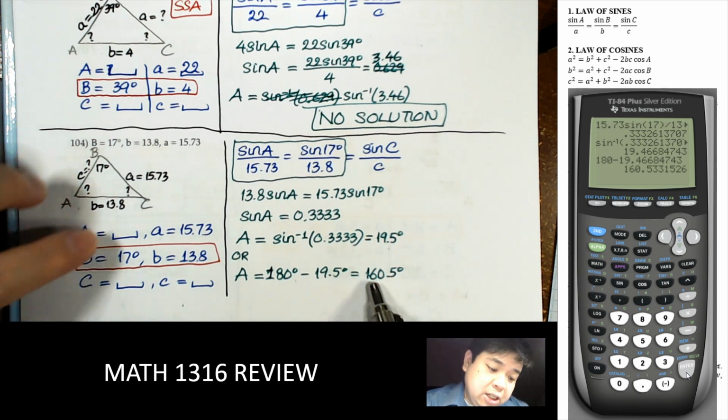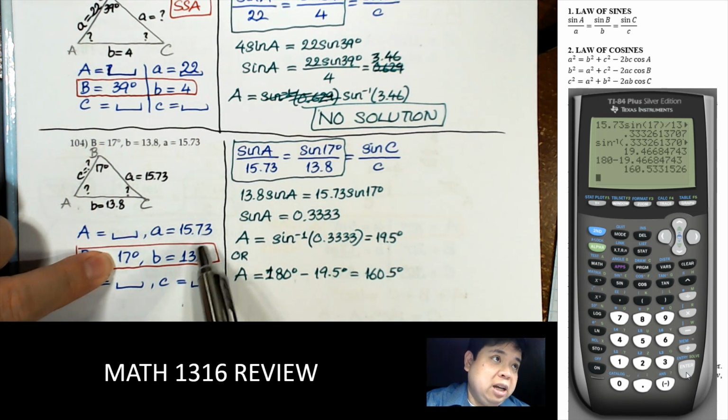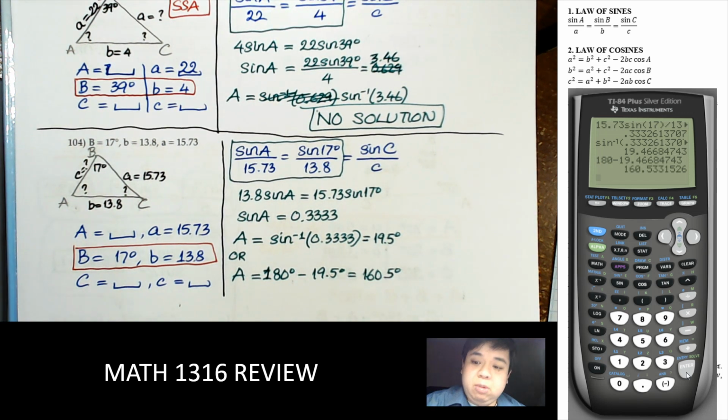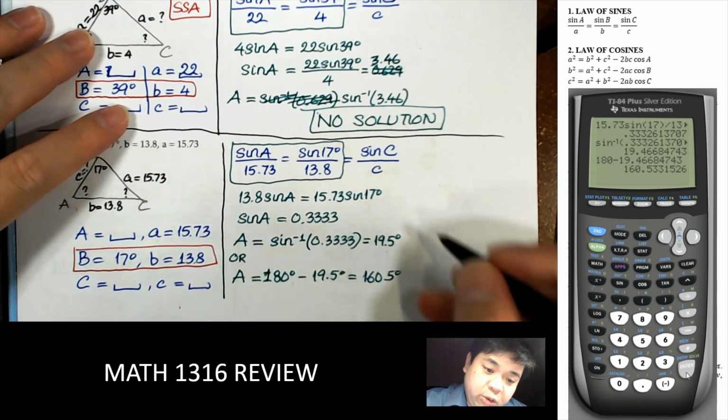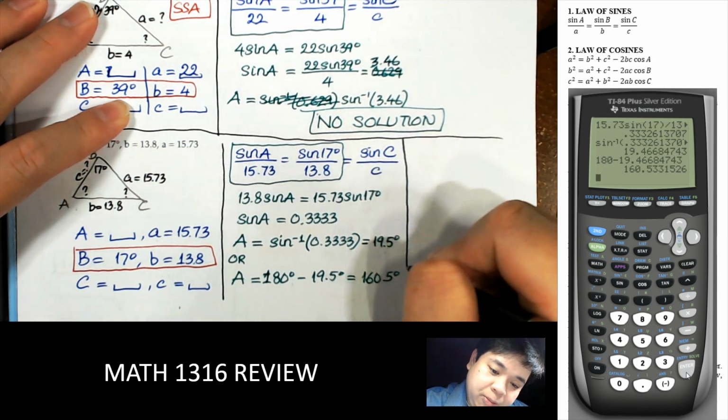Remember, this is also bigger than B and the side a bigger than b, so both of these should work. At the end we put everything in and then we determine if it works or not, but for now it looks like there are two scenarios.